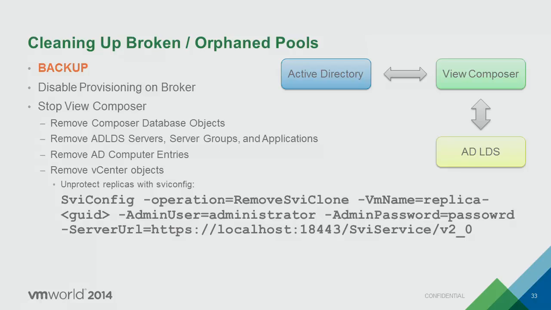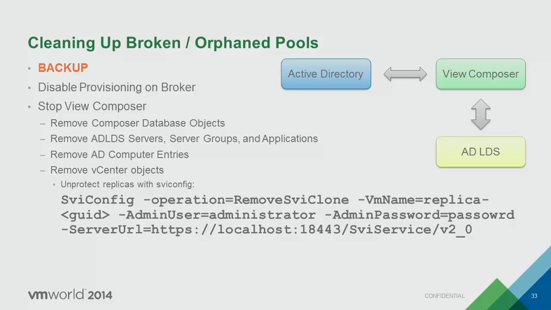Understanding the relationship between Active Directory, the LDAP that we have, as well as View Composer is important because they all work together. And so when we talk about cleaning up and trying to salvage a really broken broker environment, it's important to understand how these components all communicate with each other, right? When we actually create a desktop, we go create that object in Active Directory, right?